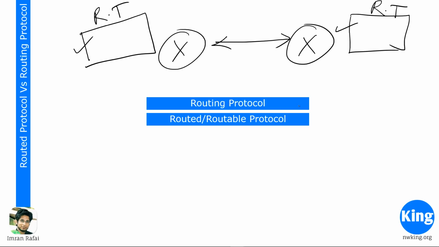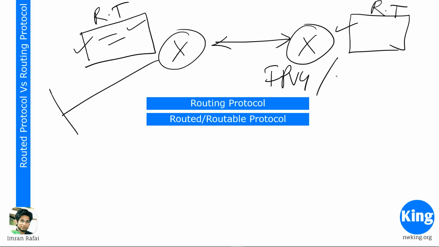A routable or routed protocol is used once the router makes the decision and fills the routing table. If there's some traffic that needs to be sent to that particular network, they use routed or routable protocols like IPv4 and IPv6. Routed or routable protocols are used to send traffic.